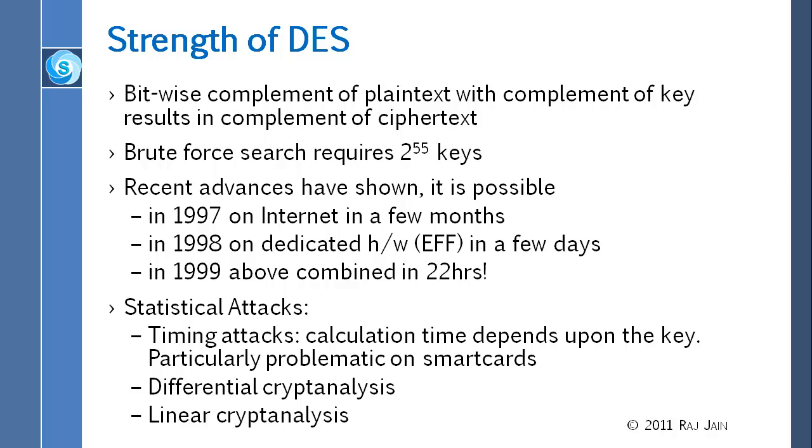And if you implement this on smart cards, the cards that have computers in them, and they have to put the key and encrypt and decrypt from your password and things like that, if the card takes longer, some set of keys are already gone. And so that can be used as knowledge to reduce from 2 raised to 55 to maybe 2 raised to 45 or something. So that is one kind of attack where you don't have to do all possible keys, but you can do a subset depending upon how long it is taking.